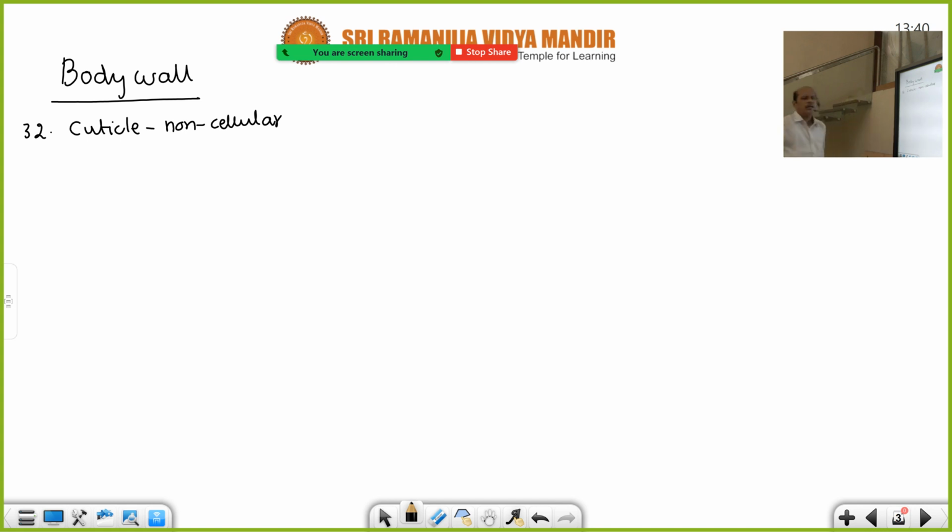Cuticle is non-cellular, a layer without any cells. And this is actually secreted by underlying epidermis. So below the cuticle, the structure present is called epidermis. So from outer to inner I am arranging all these layers.